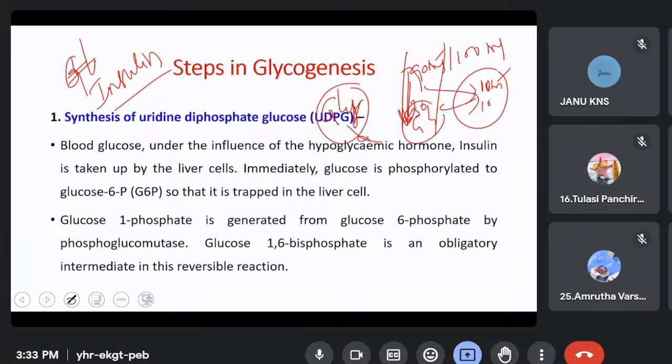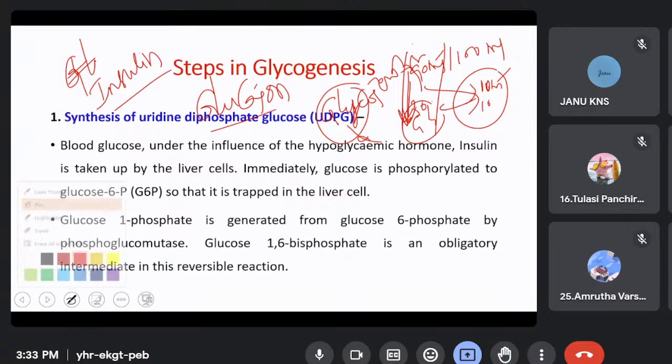So this glucose is supplied to the cells, and this process is called glycogenolysis. For this, a hormone called glucagon is required. So glucagon is responsible for the breakdown of glycogen.